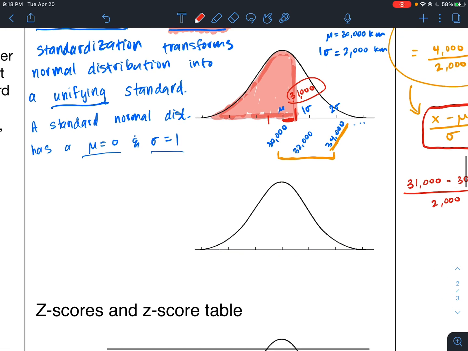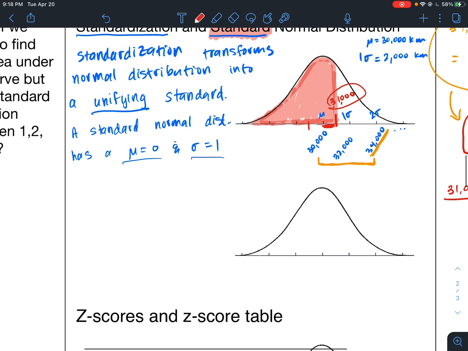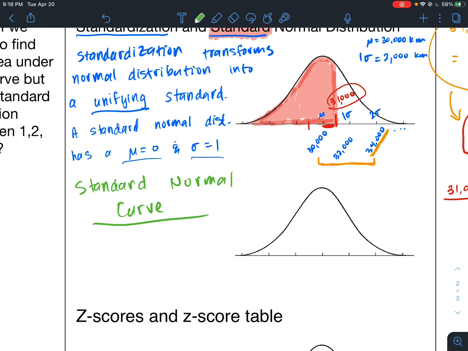So this right here is the standard normal curve. Always note that for a standard normal curve, one, the mean is always equal to 0, and two, the standard deviation is always equal to 1.